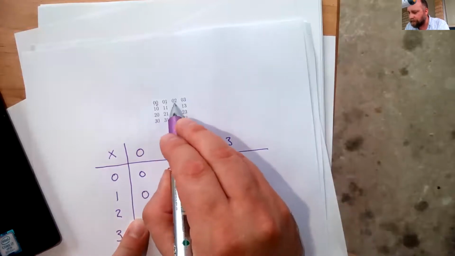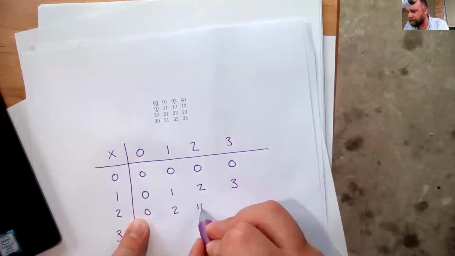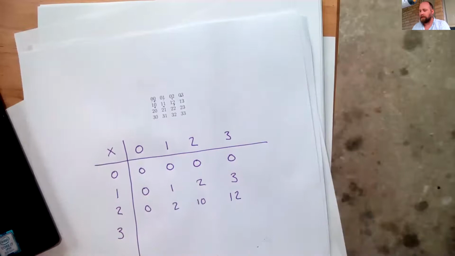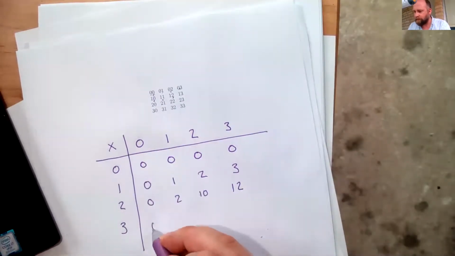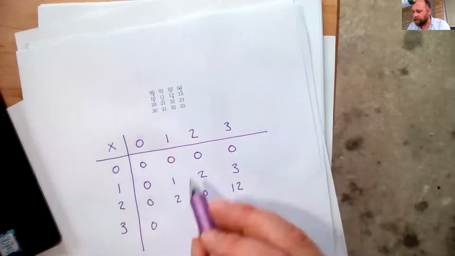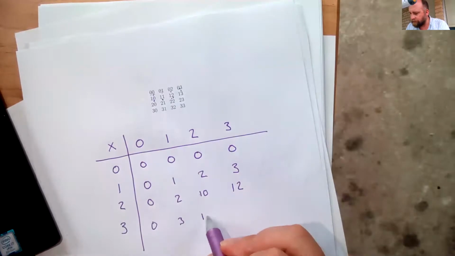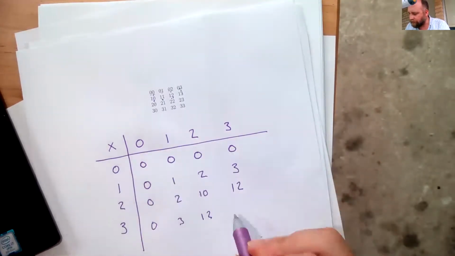We get 2, 1, 0, 1, 2. And now let's skip count by 3s. We start at 0. 1, 2, 3 is 3. 1, 2, 3 is 1, 2. 1, 2, 3 is 2, 1.